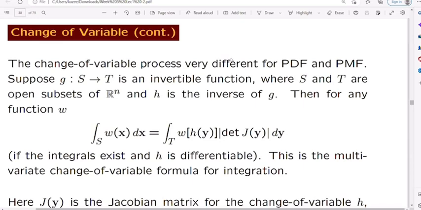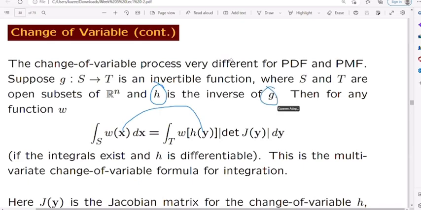So therefore for any w, if I consider the integral of w of x, you're going to see that in place of x here, it has been replaced by h of y. Don't forget, why is it replaced by h of y? Because h is the inverse of g.